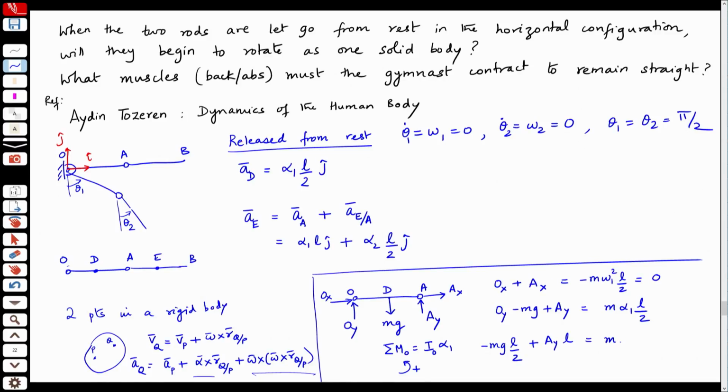It will be ml square by 3 into alpha 1. Okay.